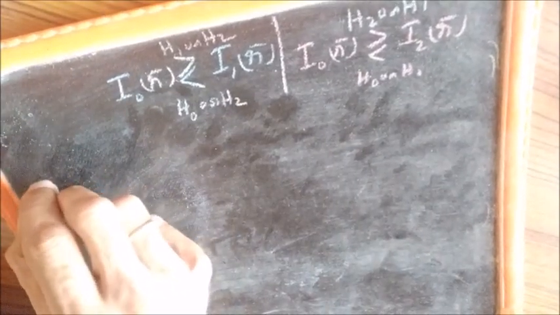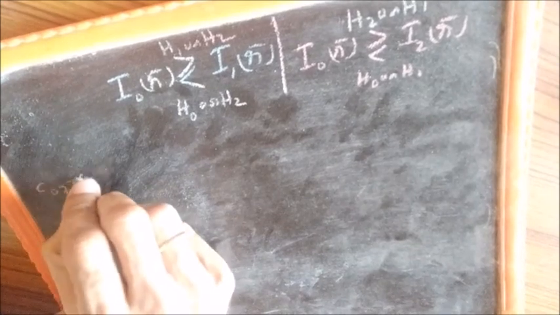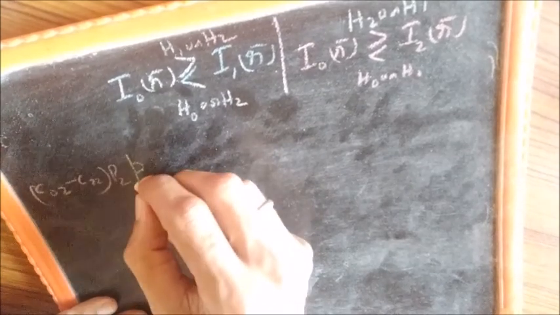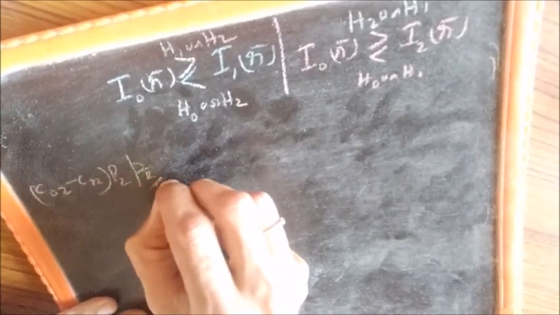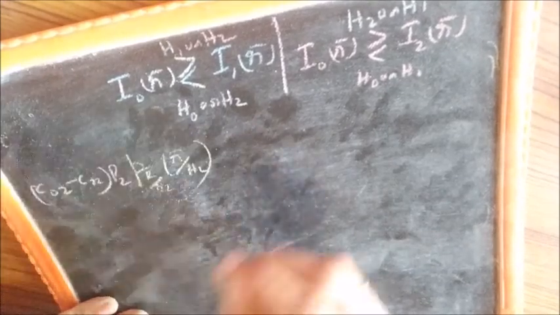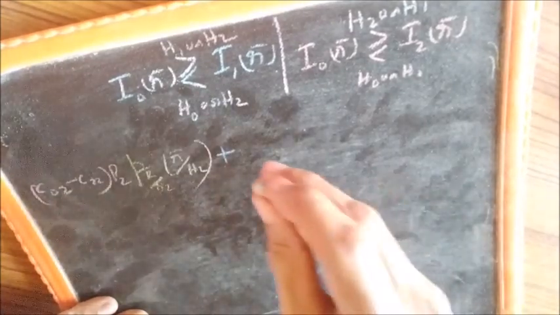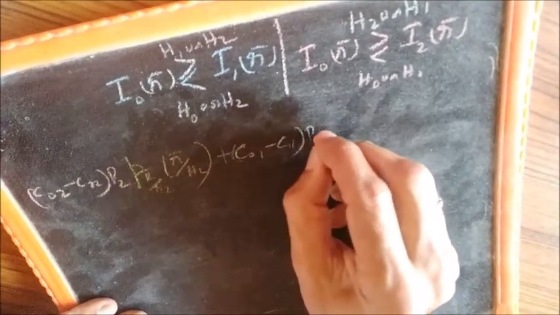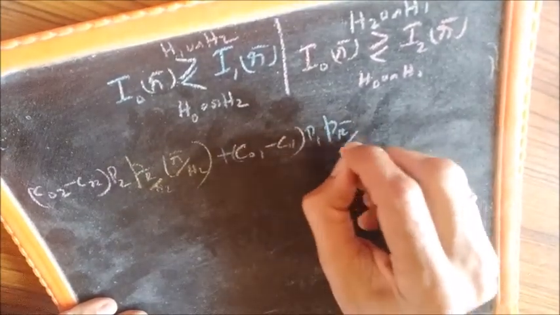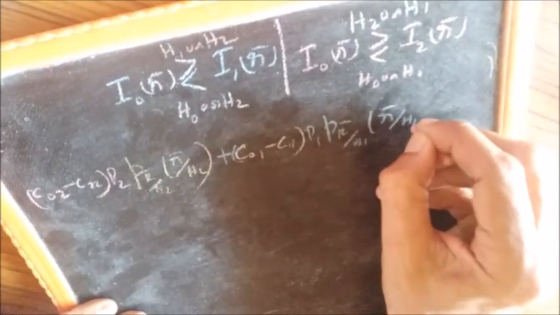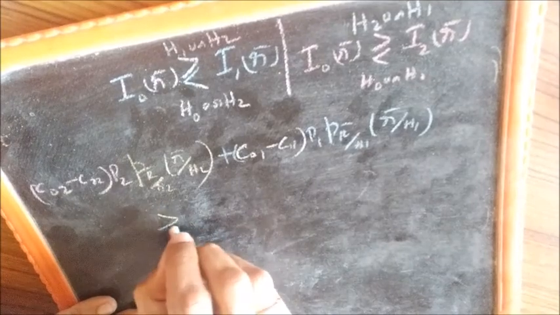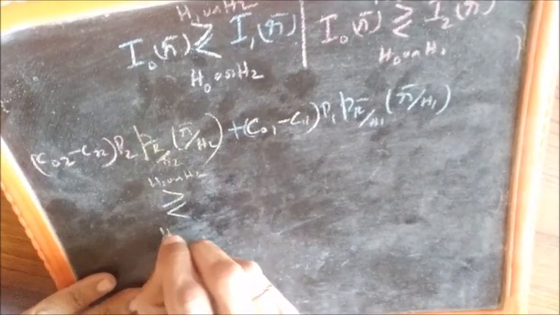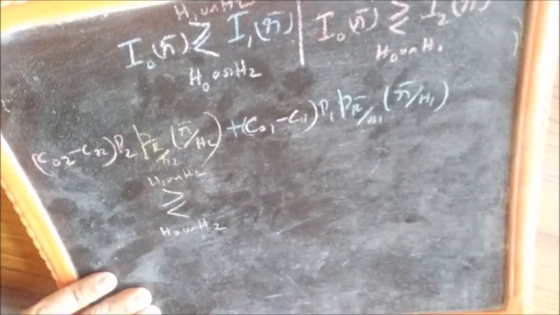I0(R), if you recall, is (C02 minus C22) P2 p(R given H2) plus (C01 minus C11) P1 p(R given H1), and our comparison is like this: H1 or H2, H0 or H2.